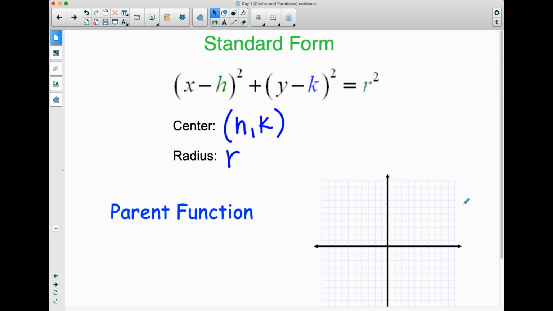But I'm just going to show you what the graph looks like. The parent function, you can write this down, is just x squared plus y squared equals r squared. And that means the center is (0, 0), and the radius would end up being 1 going all the way around. That's why I said don't waste the graph on there for this little guy.